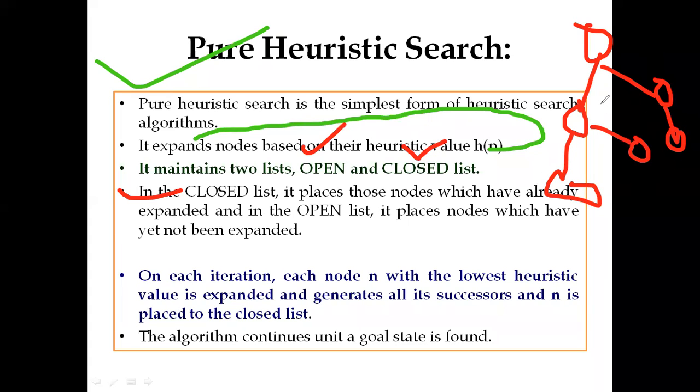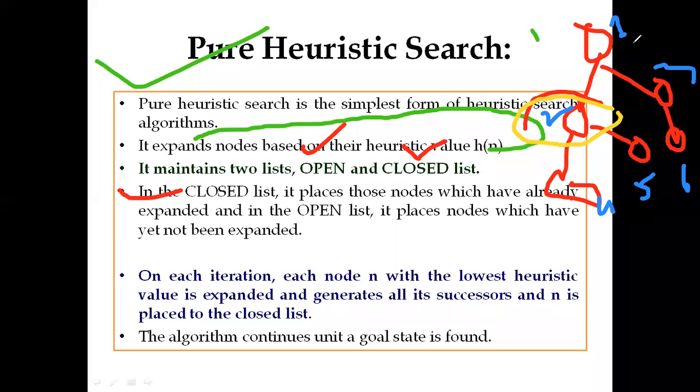Suppose I am currently at this node. Let me number them: this is 1, this is 2, this is 3, this is 4, this is 5, and this is 6. I'm currently at node number 2. So the node I have already crossed and expanded is node 1. Why?